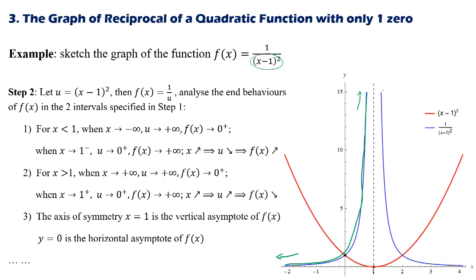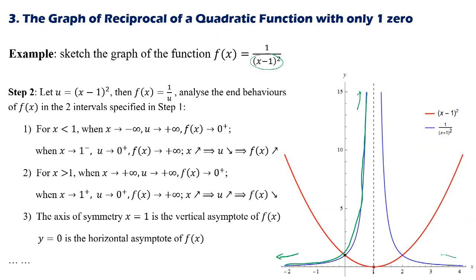Okay, for the other branch, we can use a similar method to know that when x approaches positive infinity, the denominator should approach positive infinity, and the reciprocal should approach 0 from the positive side, right?